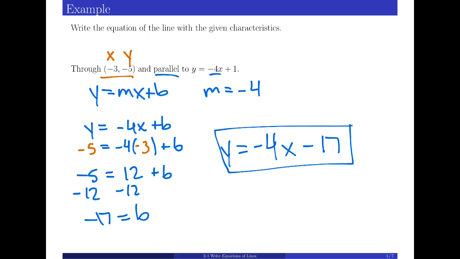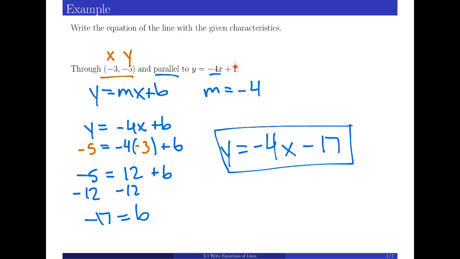I'll give you a warning that the common mistake that I see on these is a lot of people will just give this line as their answer. But the only piece of information that we can get from the parallel line is the slope. This y-intercept has absolutely nothing to do with our line going through this point.